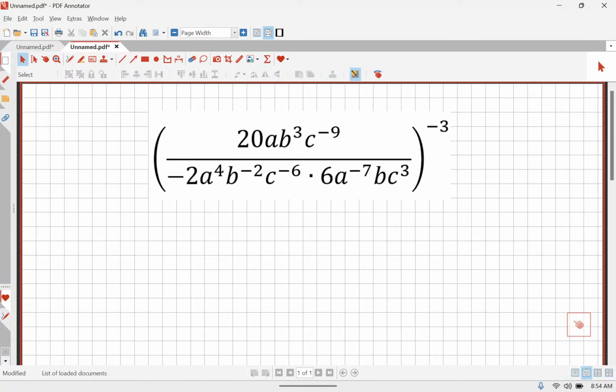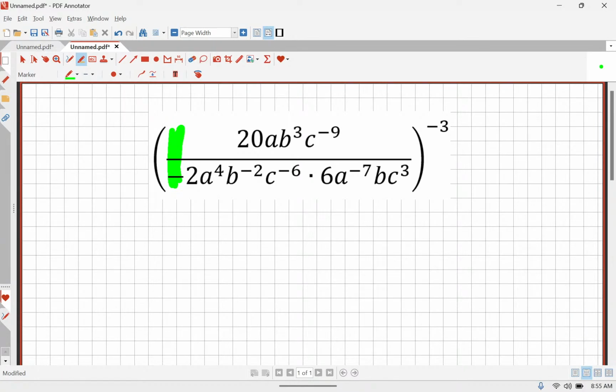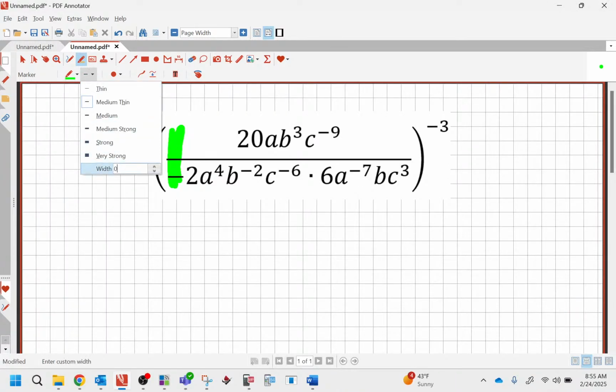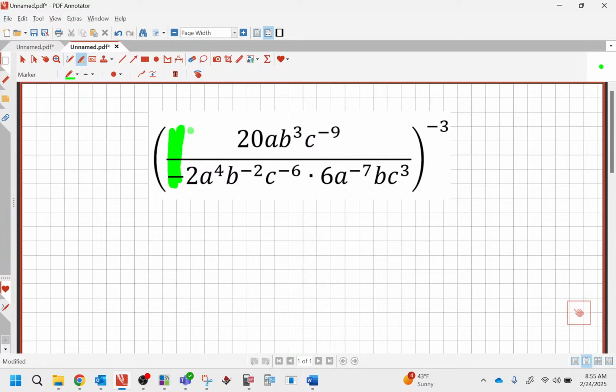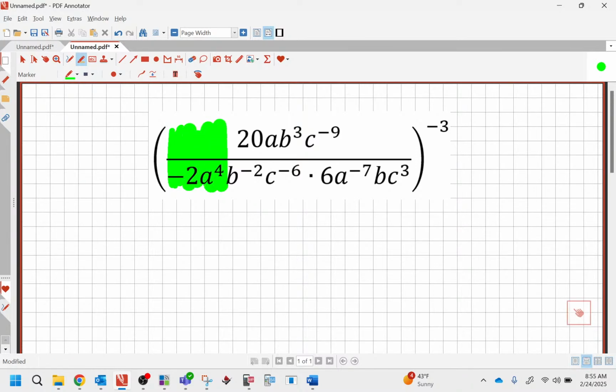So I think of this as 3 separate problems, okay? I see a division problem happening, which I'm going to highlight in green.